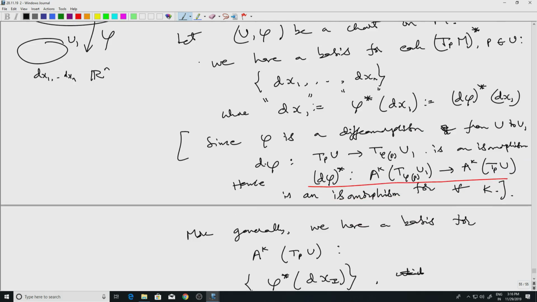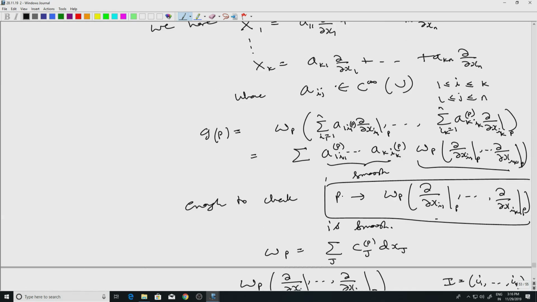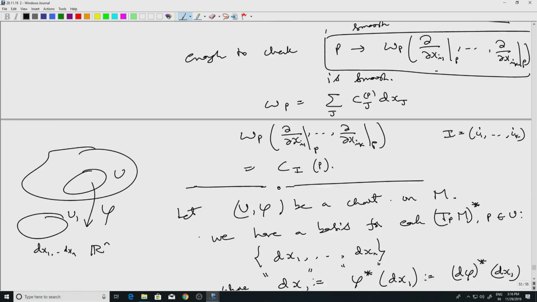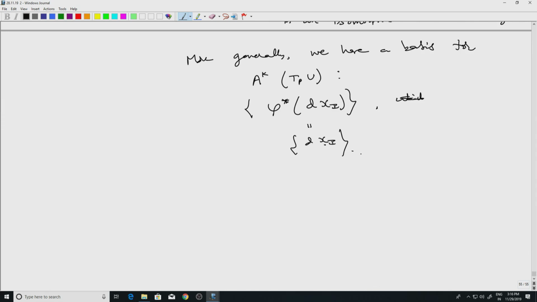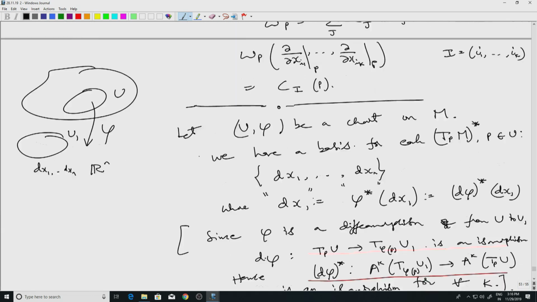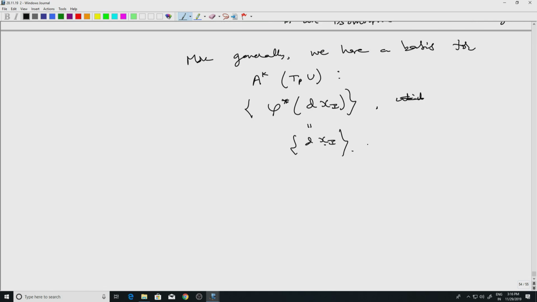So if we carry over this discussion, whatever we proved for open subsets of Rn, then we have the following proposition: omega in Omega^k(M) is smooth if and only if.